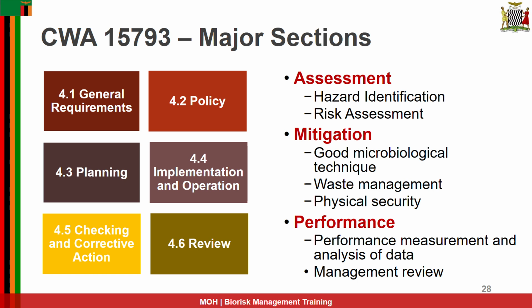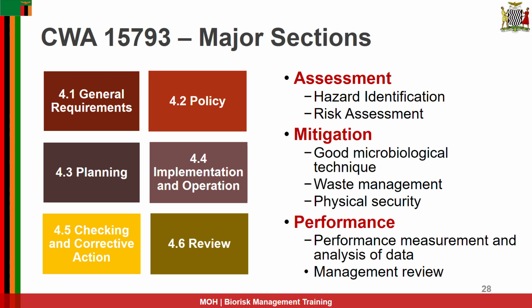So how do you do your corrective action, and how do you check whether or not your implementation strategies are actually reducing or eliminating the risk itself? Then under 4.6, this is where your review is. How do you review your overall management system? How do you do your management review and the like? This is where you find most of that information.